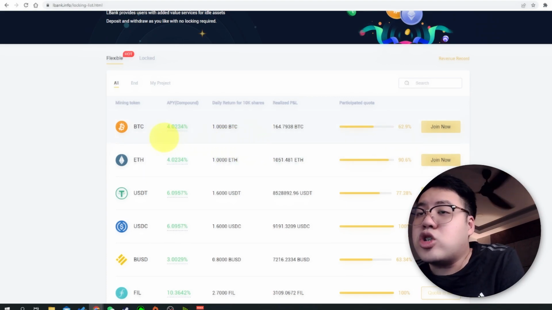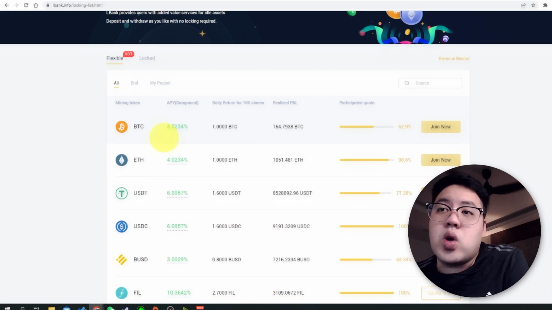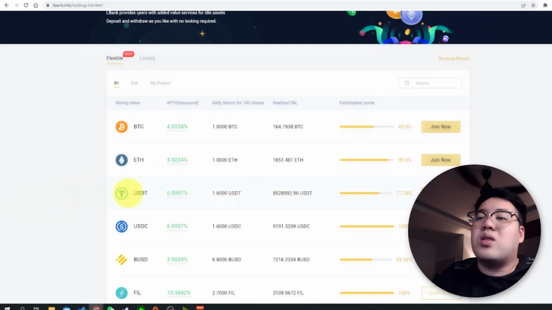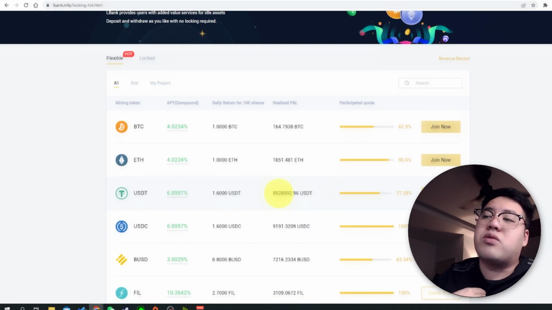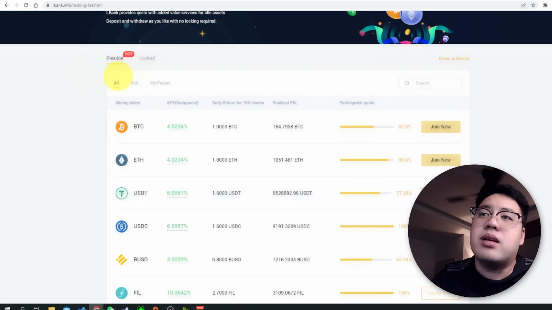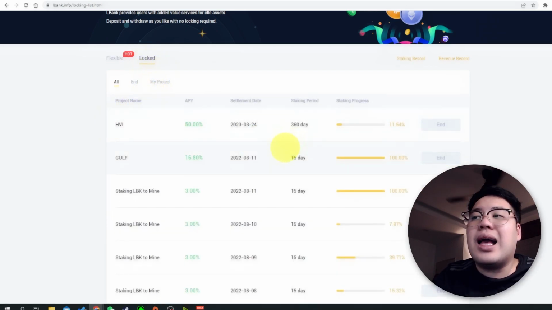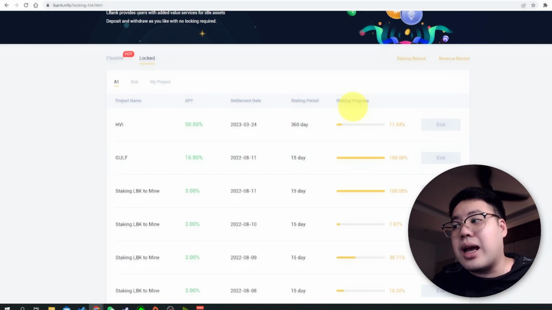If you don't want to trade anything, you can stake your coins here. For example, if you have USDT, you can stake your USDT here and get 6% APY. If you want to trade back, you can withdraw it from the earn anytime, and this is flexible.